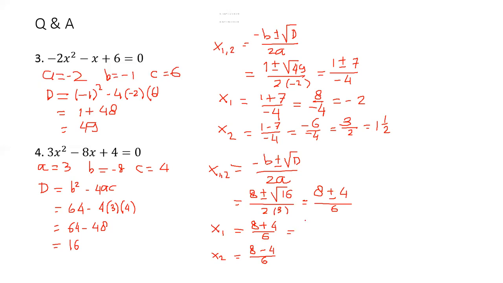The first x equals 12 over 6 equals 2, and 8 minus 4 is 4 over 6 equals 2/3. All right, so the first x we got is 2, and the second x we got is 2/3.